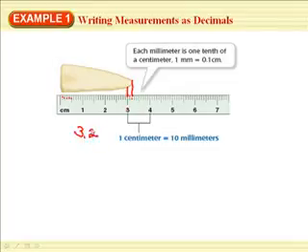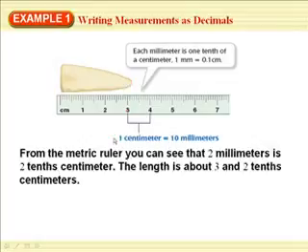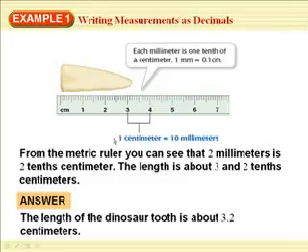And we did 2 of them, 2 out of the 10. There's 2/10. So it would be about 3.2 centimeters. And remember when it said precise, it means more exact. That's a more exact answer. 2 millimeters is 2/10 of a centimeter, so it's about 3 2/10 centimeters, and it's written then about 3.2.